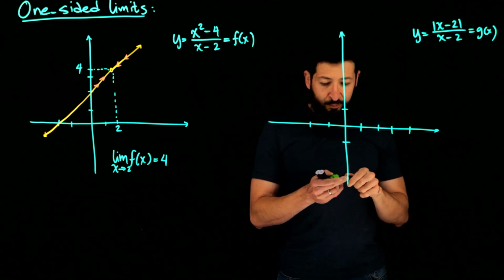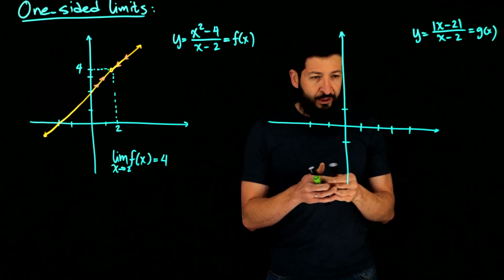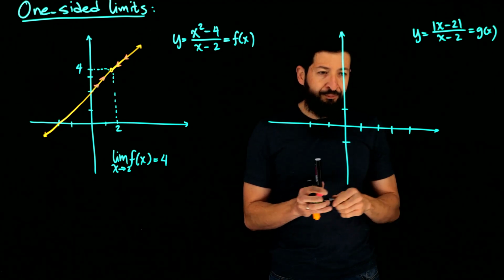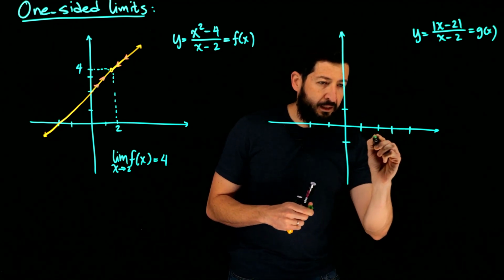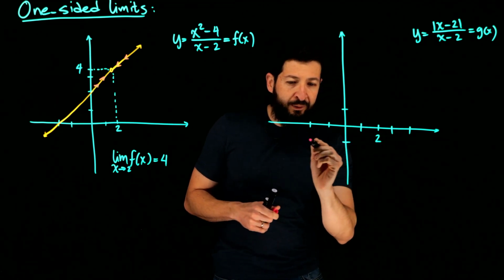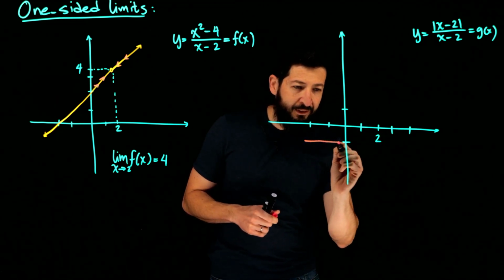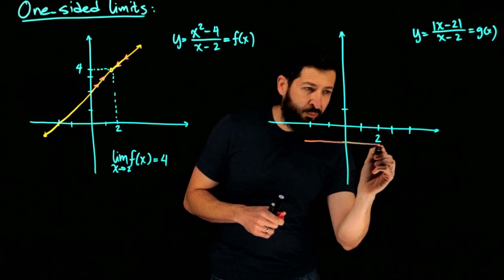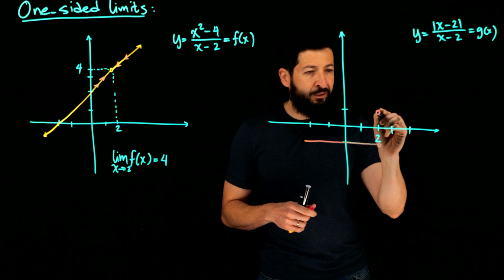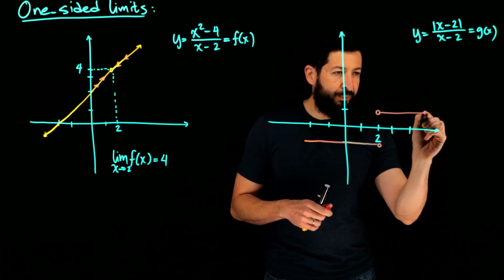The graph is going to be doing this. When you are on the left-hand side of x equals 2, this is going to be negative, and I'll tell you why in a second. And when you're to the right, you're going to have a little bit of a jump.